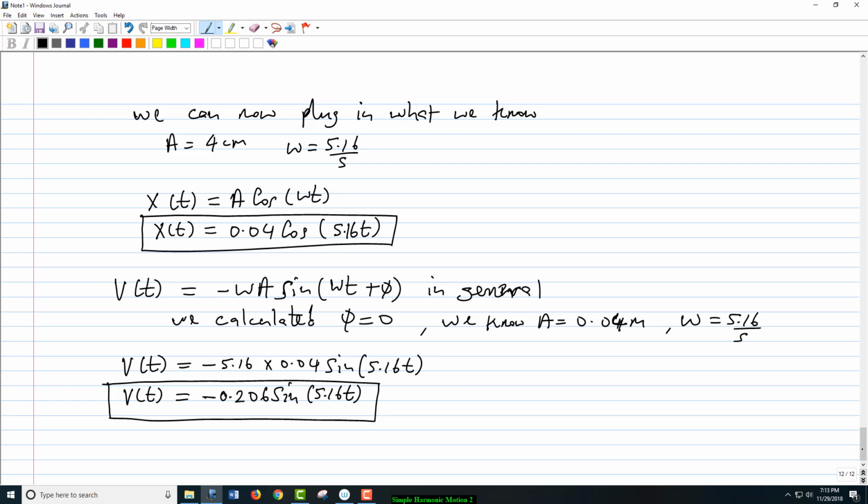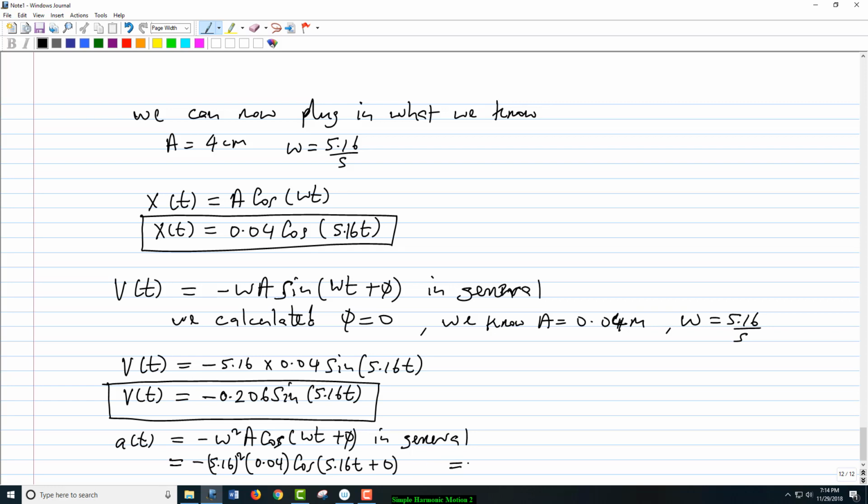And then the last expression is for a of t. We know a of t is equal to minus omega squared A cosine omega t plus phi in general. And just plugging in the terms that we already know, we shall have minus 5.16 squared multiplied by 0.04, and then we have cosine 5.16 t plus 0.